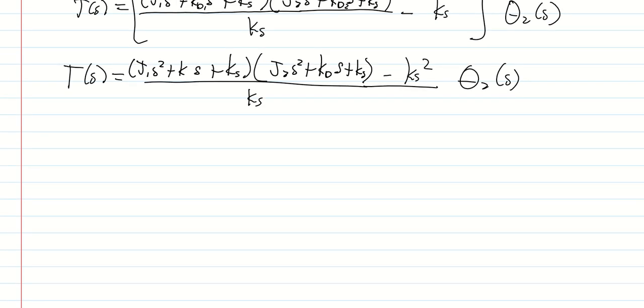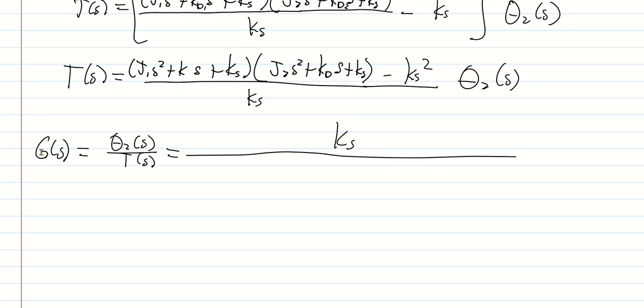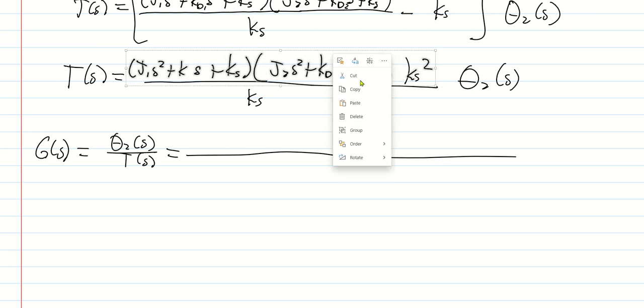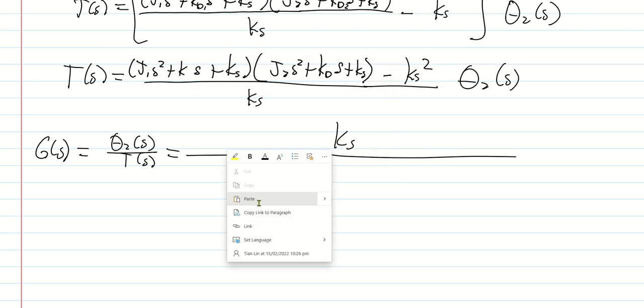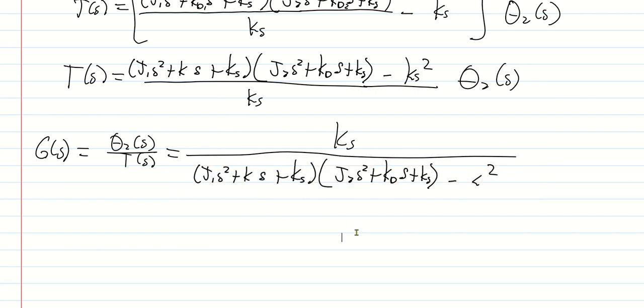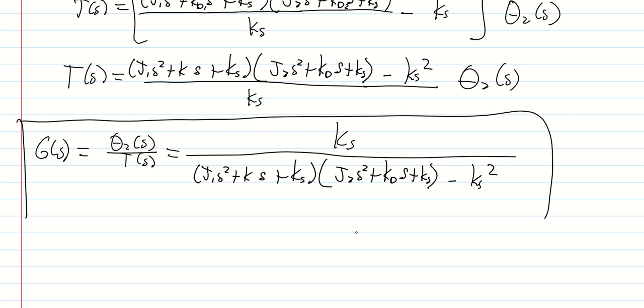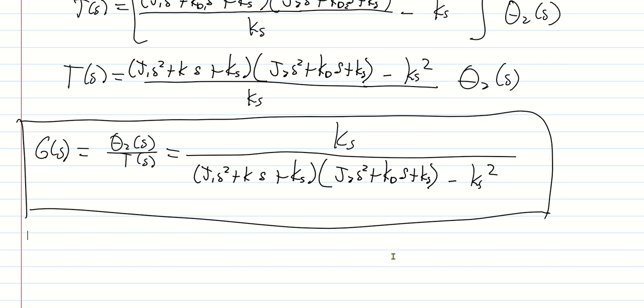So the transfer function now, G of s, which is theta 2 divided by T, if we just invert this, will be equal to Ks all over this one. So this is now the transfer function of that rotational system. Okay?